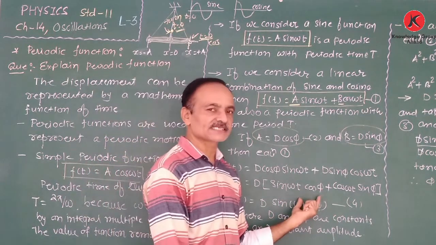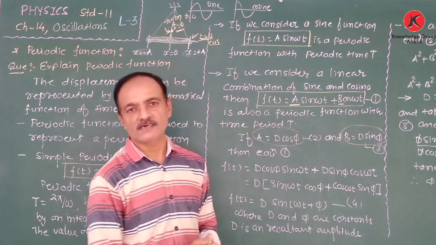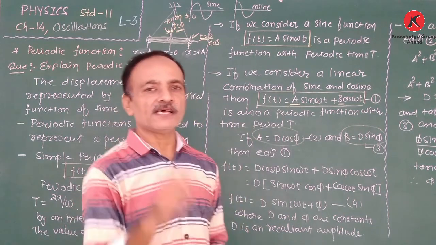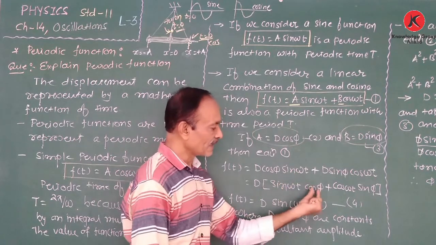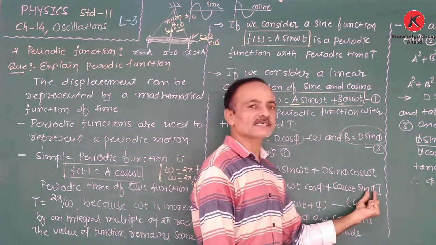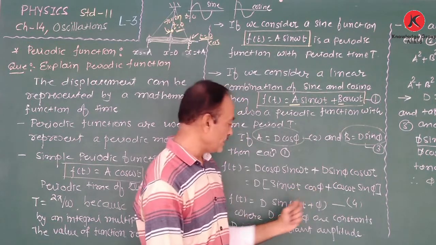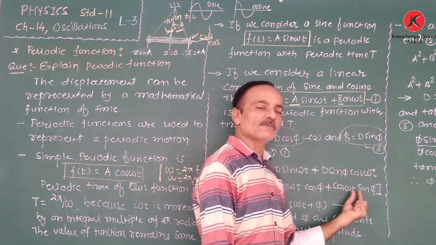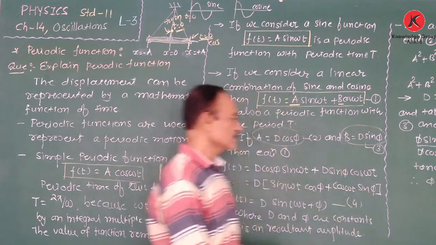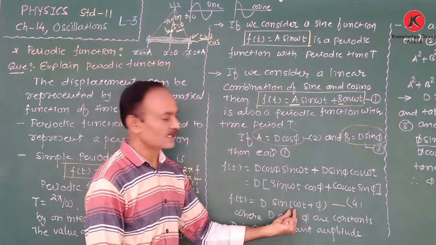Now, remember in 10th standard we learned that sin(alpha plus beta) is equal to sin alpha cos beta plus cos alpha sin beta. So here it is the same thing: sin alpha cos beta plus cos alpha sin beta. Here instead of alpha we have omega t, and instead of beta we have phi. Therefore sin omega t cos phi plus cos omega t sin phi can be written instead of this bracket as sin(omega t plus phi).